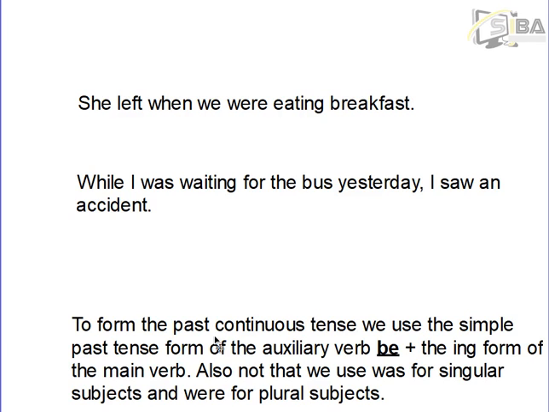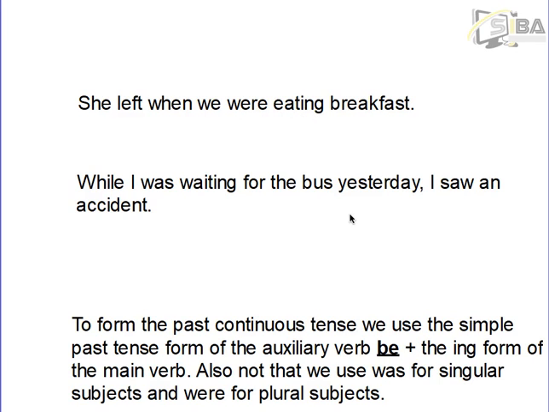So to form the past continuous tense, we use the simple past tense form of the auxiliary verb be plus the ing form of the main verb. So over here we have were, which is the simple past tense form of the verb be, and we have added it to the ing form of the main verb eat, so that's eating.